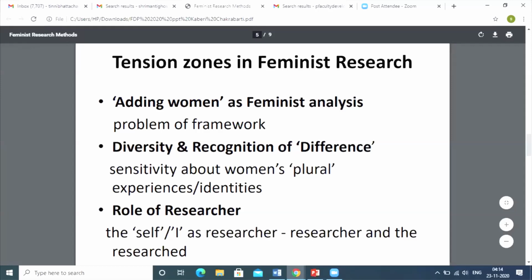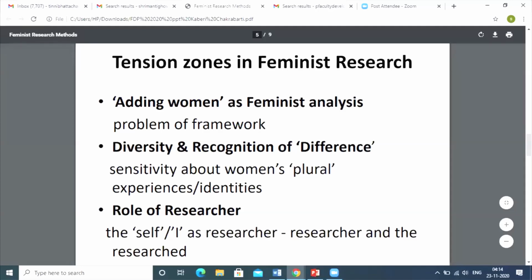So this is one important issue, but at the same time, there is a problem of framework. There is a danger, actually, of appropriating or endorsing dominant androcentric standards of public life in this process of fitting women into it. So the later feminist scholars have argued that the point is not to add women, but to challenge, to question, the maleness of public life.